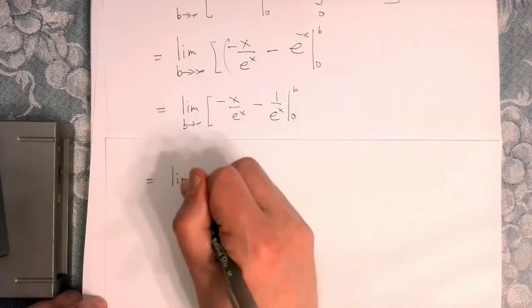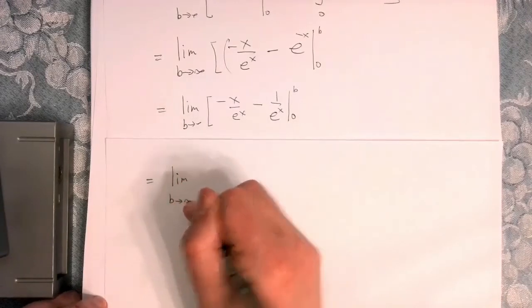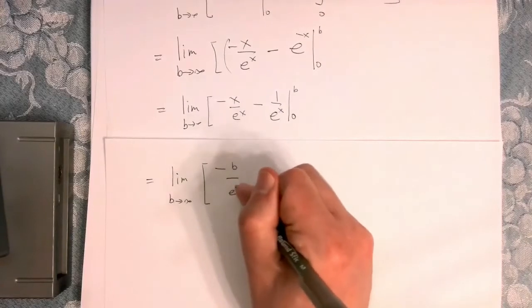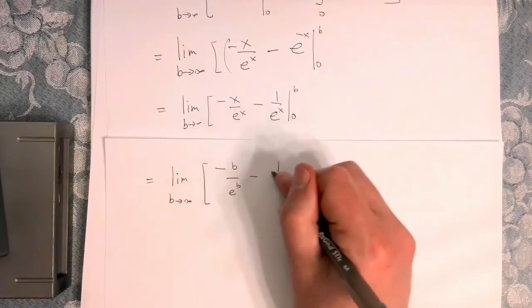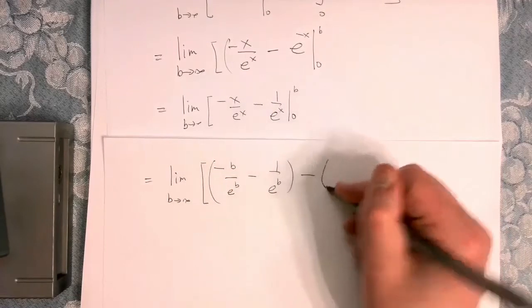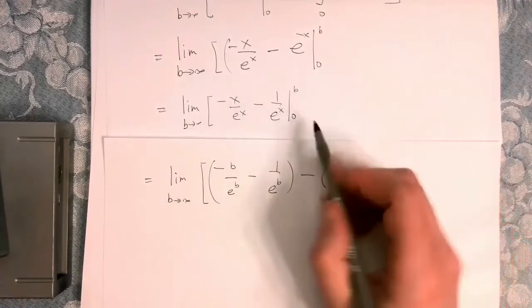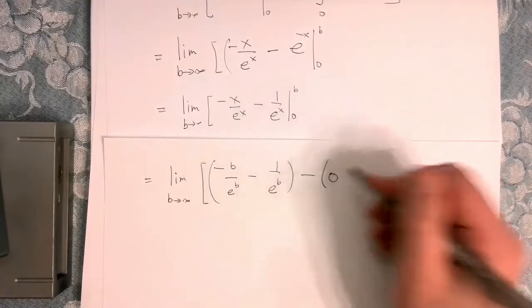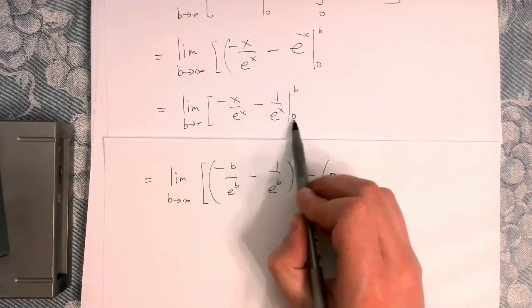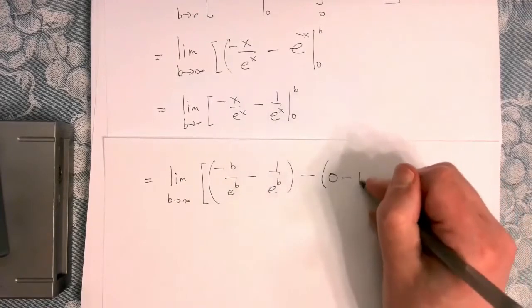So this is the limit as b goes to infinity of minus b over e to the b minus 1 over e to the b, minus, by the fundamental theorem of calculus, now this will be 0 over 1, which is just 0. And this will be 1 over 1 if I plug in 0 here. So that'll be 1.